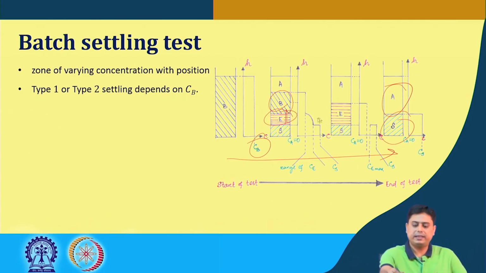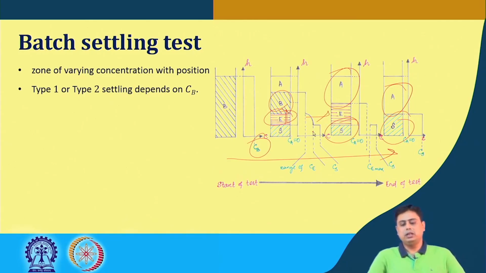So, this portion basically dominates in this settling step, that between the clear fluid zone and the sedimented portion there would be a zone where the particle concentration varies with position. It is not uniform as it was in type 1, where we started with the concentration Cb.